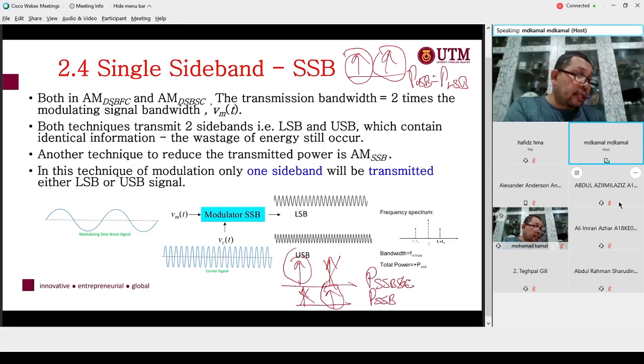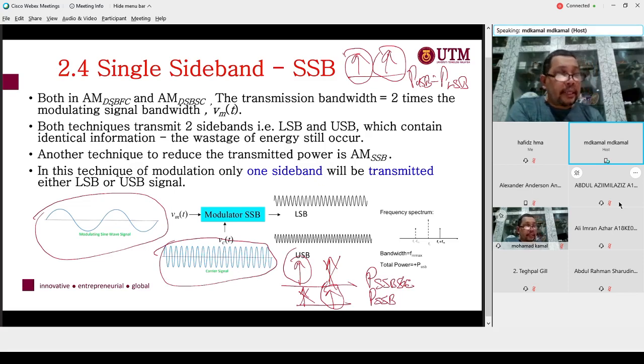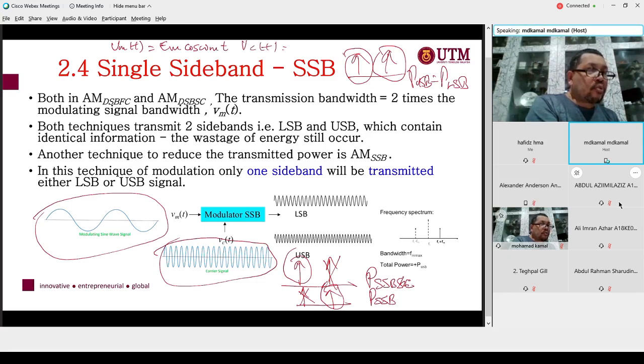So what you can do here, you see that you have the information here, okay, and this is your carrier. Of course you have the modulator here for the SSB. If you multiply these two signals, considering VMT is equal to EM cos omega MT and VCT is equal to EC cos omega CT, you have VMT and VCT here.